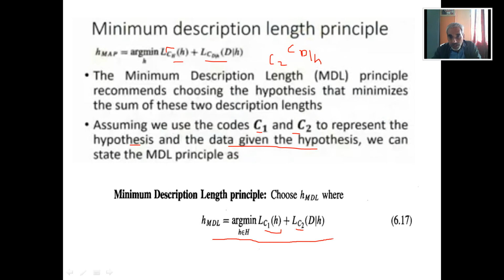Now this is our minimum description length principle. What is that? It is given as H MDL, which is equal to argmin over all hypotheses h belonging to the set of hypotheses H, of LC1 of h plus LC2 of D given h.